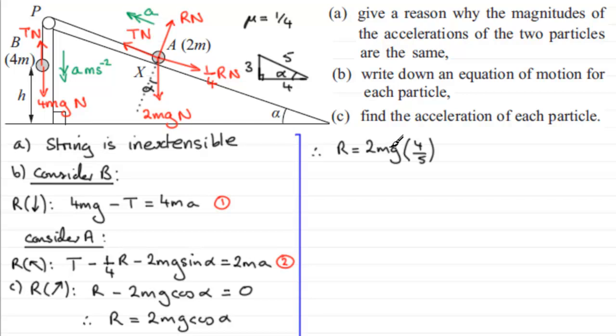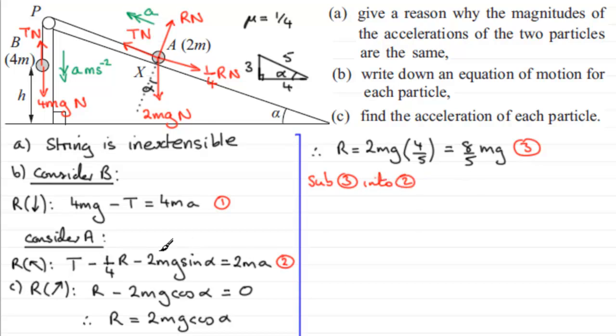And if we work that out, that's going to be 8/5 mg. Okay, so we've got that result there. Let's call this result number 3. So all I need to do now is substitute equation 3 into equation 2.